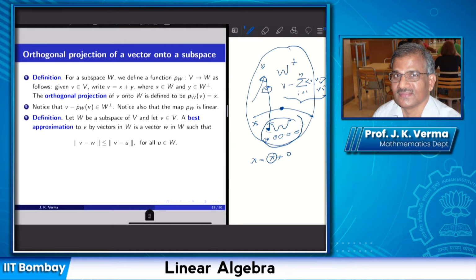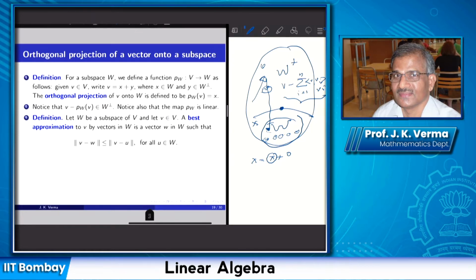Now why are we doing this? It is for practical applications. We want to approximate a complicated function by a simpler function and also control the error in this approximation. And this is done by the idea of projection.